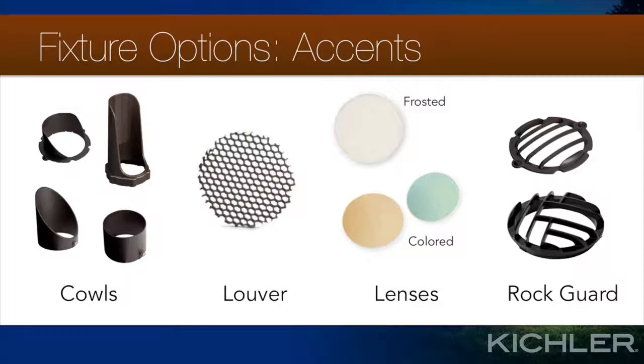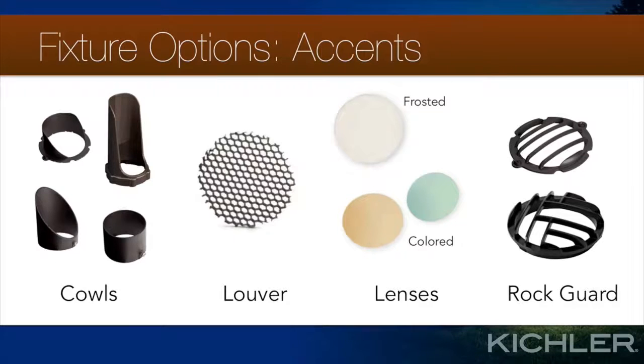These include cowls in a variety of shapes and sizes to shield the light source from a viewing location where glare is an issue. Honeycomb louvers to help with glare issues when the surface of the fixture can be seen either from the side or at eye level with the viewer. Frosted lenses that soften light and create a more subdued lighting effect. They can be especially useful on walls without texture to reduce harsh lines created by fixtures without a lens.